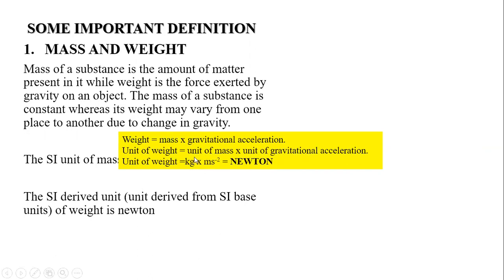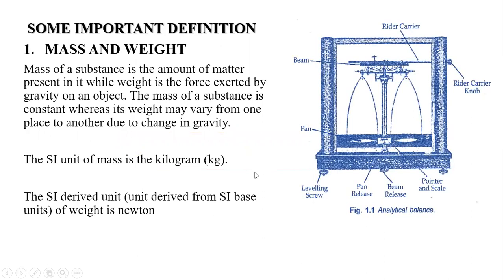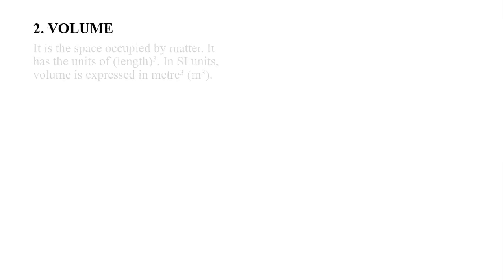So kg meter per second square is the SI unit of weight, or it is also called Newton. The weight of the chemicals in the laboratory is measured with the help of an analytical balance. Nowadays, we use the digital balance to measure the weight of the chemicals in the laboratory.